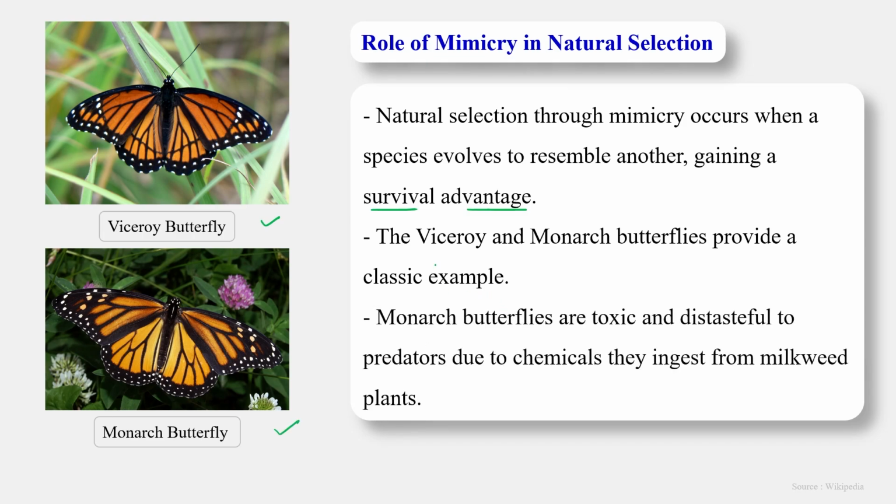These two butterflies look very similar, and this monarch butterfly, the lower one, is toxic and distasteful to predators because they ingest the milkweed plant. They ingest the milkweed plant, so predators don't find them very tasty.